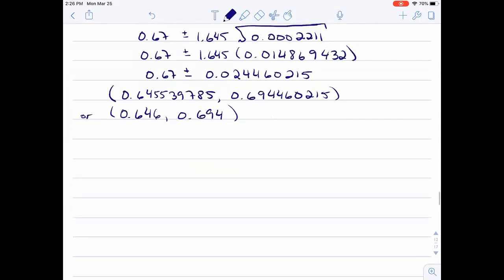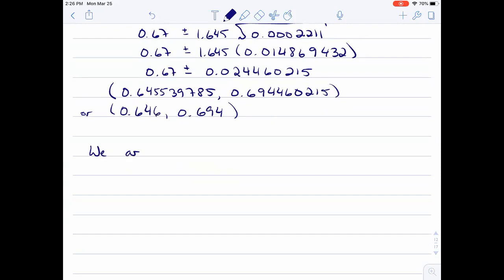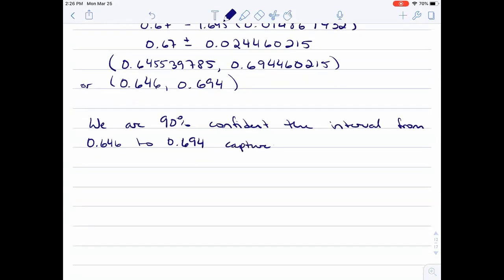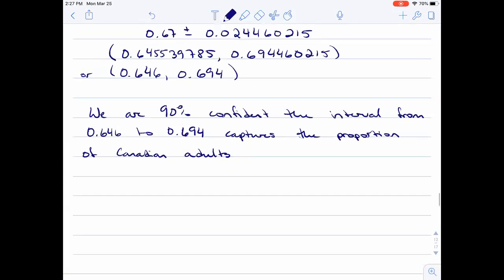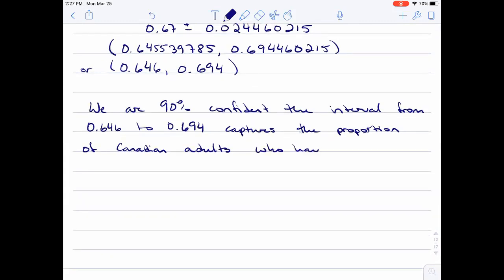So now we made a 90% confidence interval, so we are 90% confident the interval from 0.646 to 0.694 captures the proportion of Canadian adults who have invested in an RRSP. Ta-da.